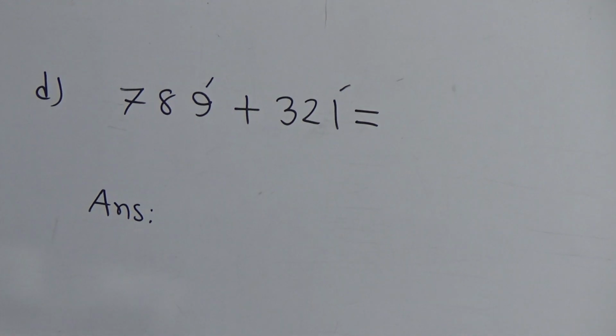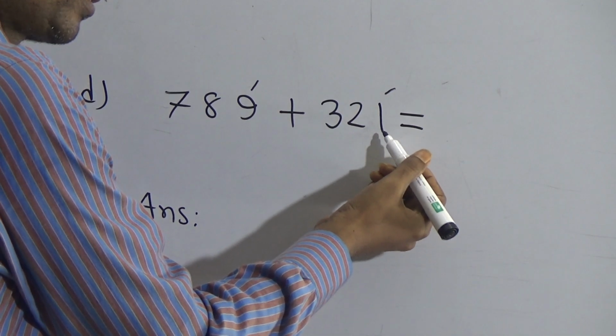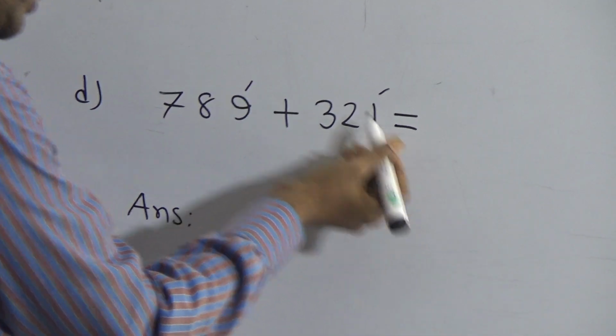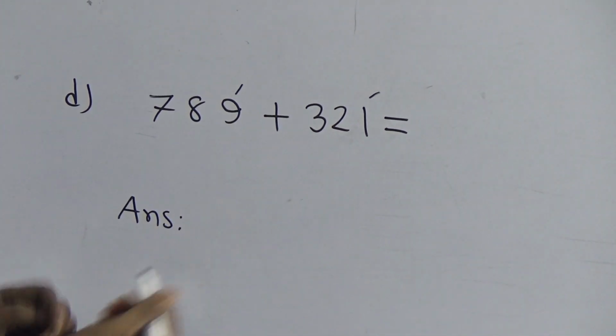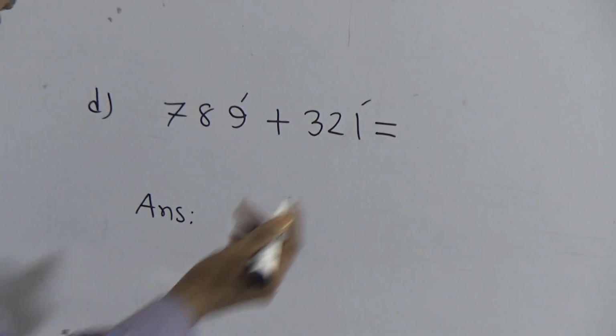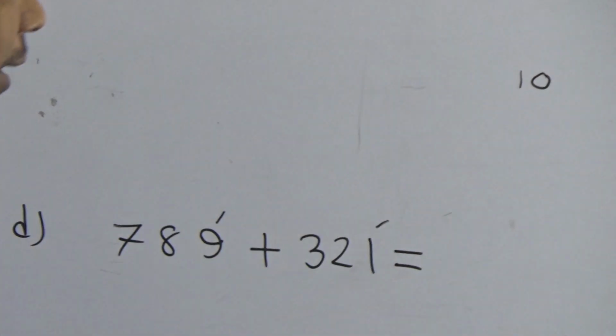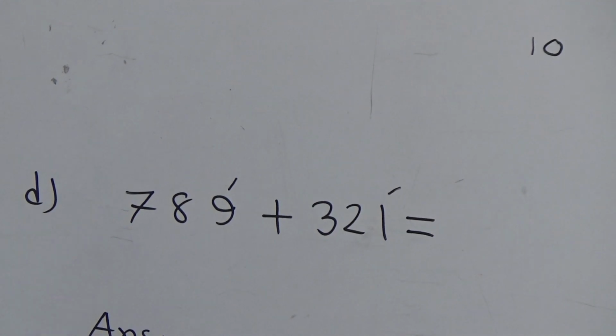So you add ones place to ones place. This is also ones place. 9 plus 1 equal to what? 10. 9 plus 1 equal to 10.